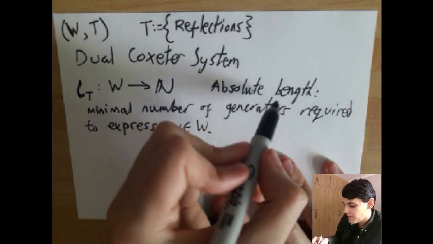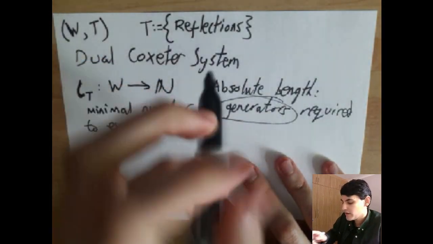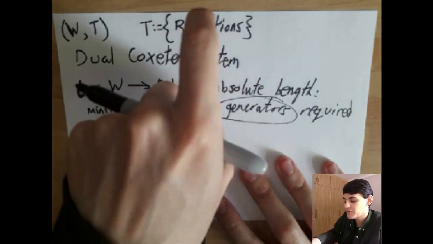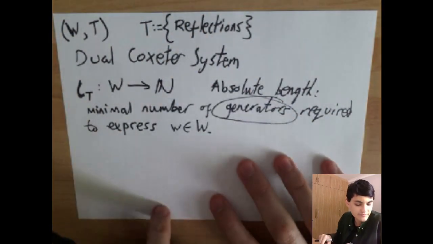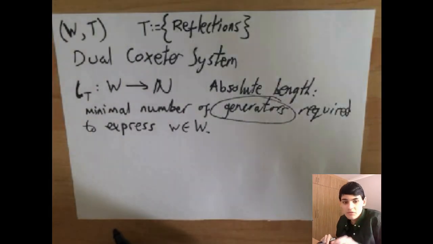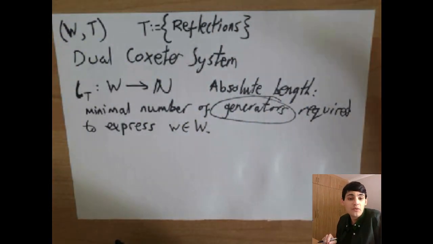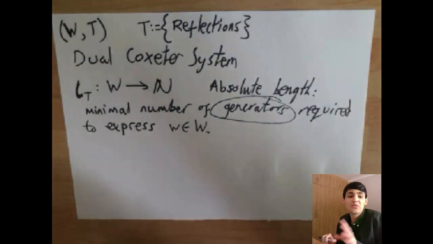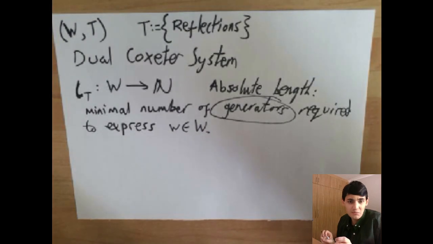It's very important here, I've written generators. In this case, under the absolute length, generators refers to reflections. An interesting thing to note, first of all, words, subwords, decompositions, and all that are defined in the same way that you would expect them to be.